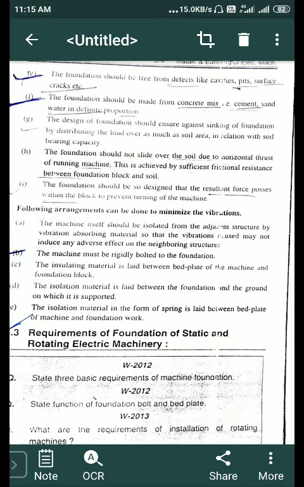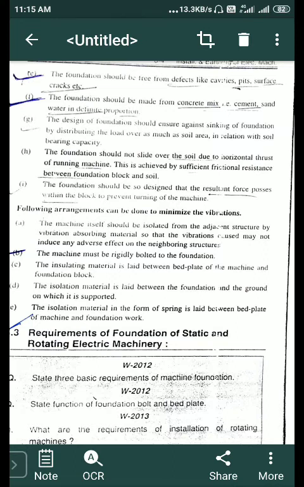This means each machine should be isolated from other structures. Suppose a nearby machine creates some vibrations, it will not affect your next machine. So when you are doing the foundations, keep in mind you have to prepare a separate foundation structure, not interrelated to each other.